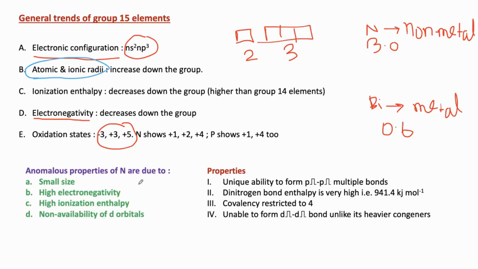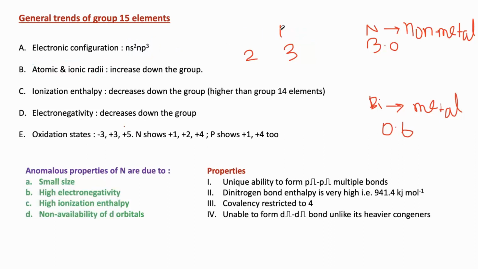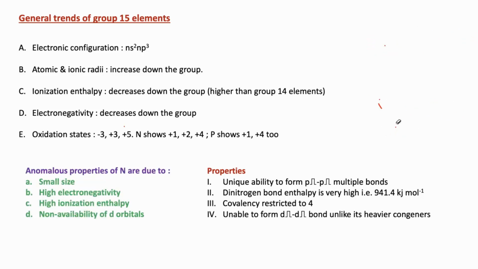In this chapter, we also have to talk about some anomalous properties of nitrogen. In the last slides, I told you that the first element of a specific group is able to show some anomalous properties, quite different from the other elements in the same group.